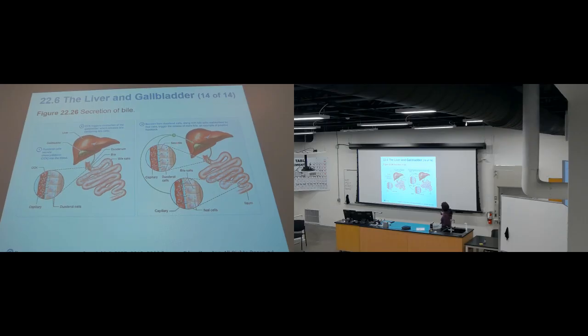Another thing that can happen is that you have the release of a hormone that is called secretin by your duodenal cells as well, and that along with the bile salts will be reabsorbed by the cells in the ileum, and that will lead to the release of more bile as you keep having some of these lipids inside this area.